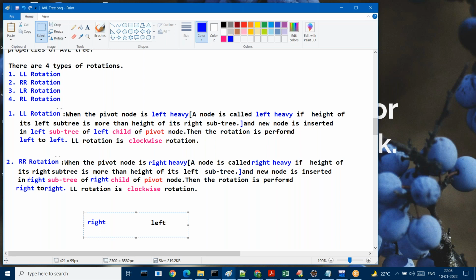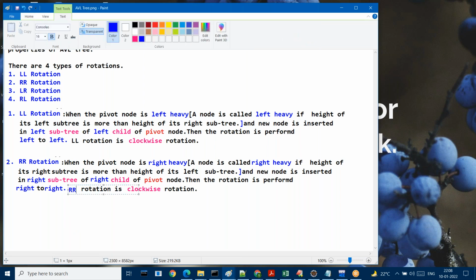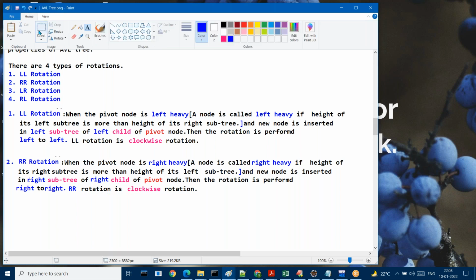Anywhere else? No. This is RR rotation, sir. RR rotation is anti-clockwise.